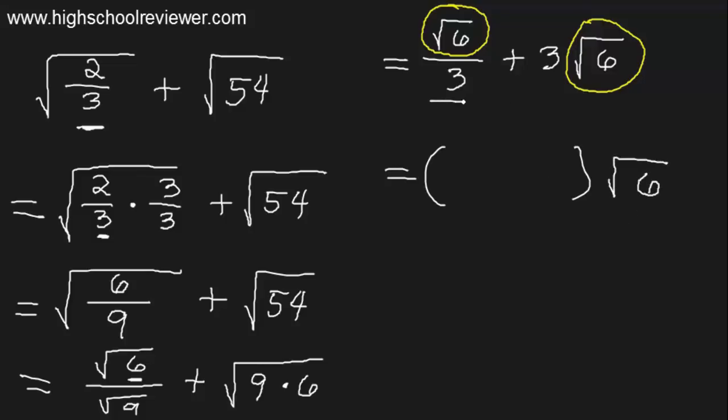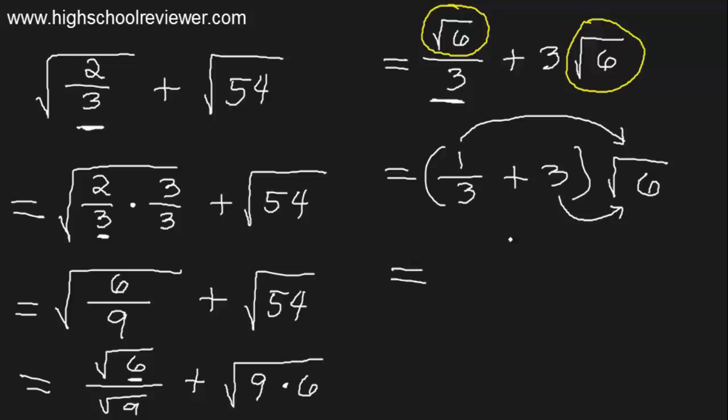What will be left on the first term will be 1 all over 3. When you multiply that, 1 over 3 times 1 times the square root of 6, this will be equal to the square root of 6 over 3. And the second term, what will be left here will only be 3. So when you multiply that, that will be 3 times the square root of 6.